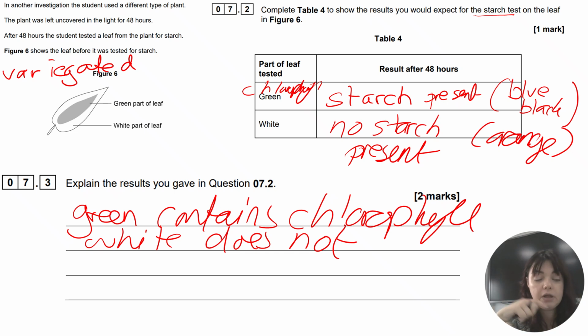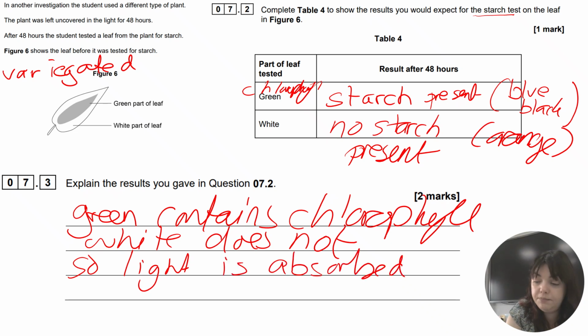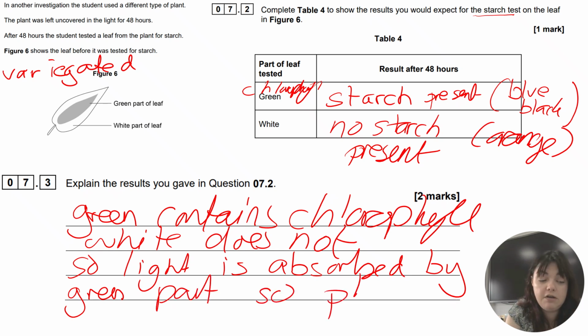Okay, so then we say light is absorbed by the green part, or you can say is absorbed by the chlorophyll, so photosynthesis can occur. So photosynthesis occurs and starch forms.